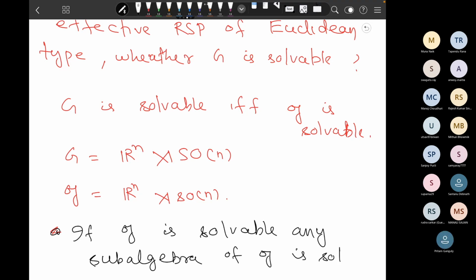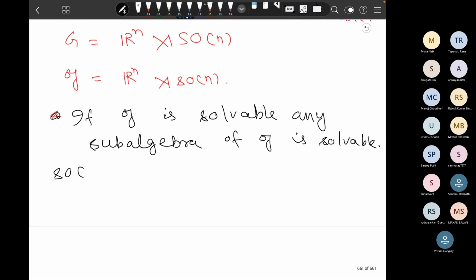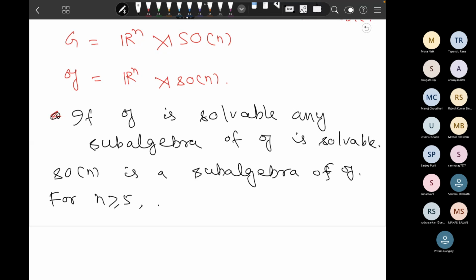Now this small so(n) is really a sub-algebra of G. Now one knows that for n greater than or equal to 5, so(n) is simple.